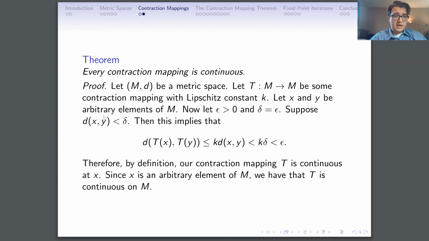Now, if the distance between x and y is less than delta, then by our definition of contraction mapping, the distance between T of x and T of y is less than or equal to the distance between x and y times our contraction constant k. Since the distance between x and y is strictly less than delta, this is less than k times delta, and since k is strictly between 0 and 1 and delta is equal to epsilon, k times delta is strictly less than epsilon. So we have proven that contraction mappings are continuous at this point x, and since x is really just any point in your set, T is continuous on your set.